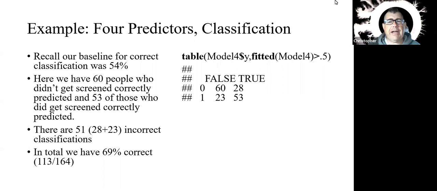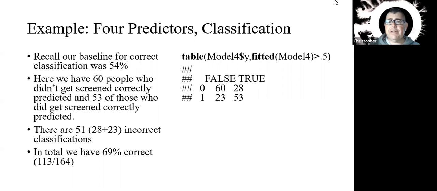Now, to start off with, in the previous video, we talked about a baseline for prediction, and that was a recognition that if you don't know anything, you could always predict the most common outcome. Here, the most common outcome was not getting screened. 54% of the total sample didn't get screened. So if we predicted everybody as not getting screened, we'd be guaranteed to get at least 54% correct. So that's our baseline for prediction when we're talking about classification.